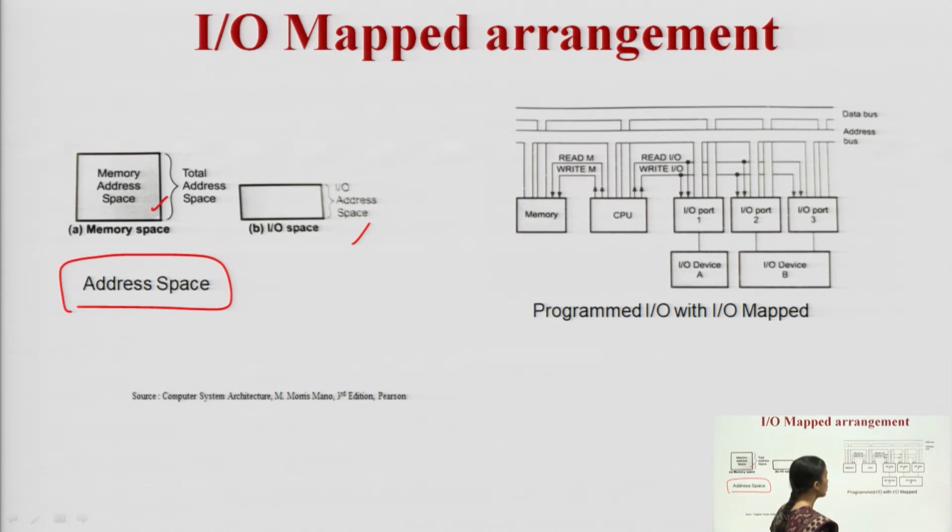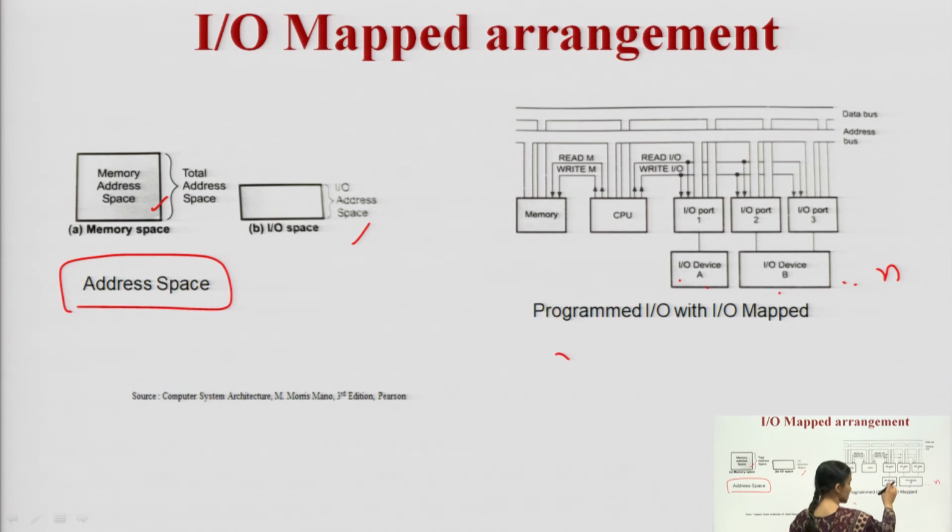If I look at the memory connections, this is my CPU, and these are the different devices connected, up to n devices. As I discussed earlier, whatever device has to get connected with the CPU will be connected to that interface via a port.